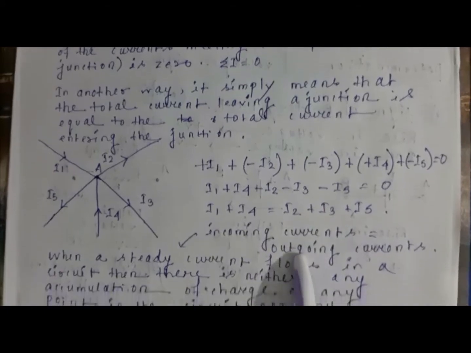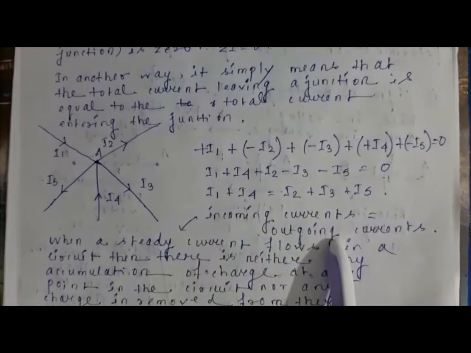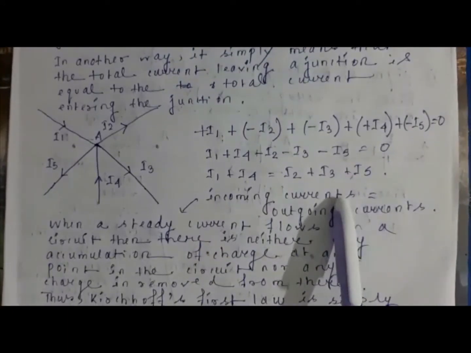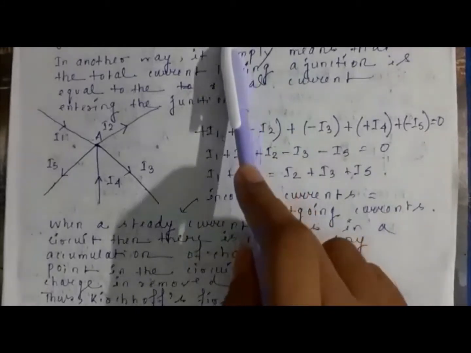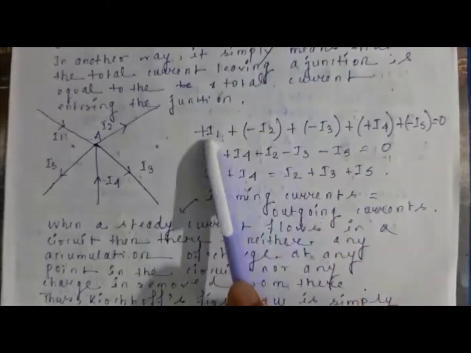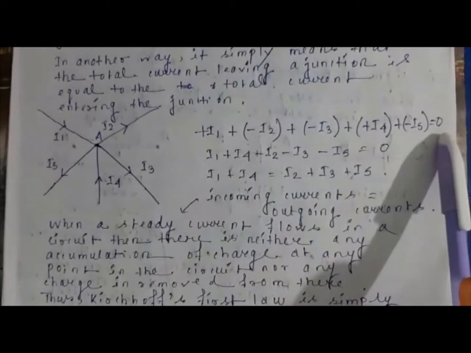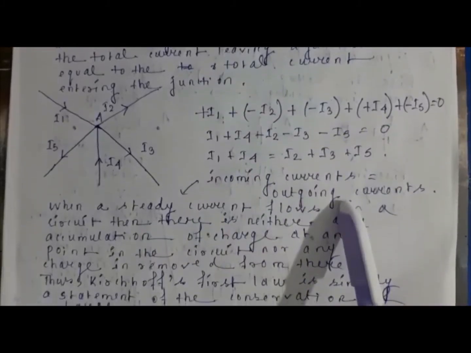So my incoming currents are I1 and I4, and my outgoing currents are I2, I3, I5. So incoming currents equal outgoing currents. This is my law, and we knew that the summation of all the currents equals 0. So this is my law.